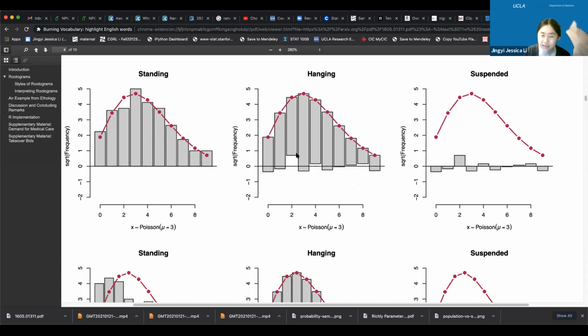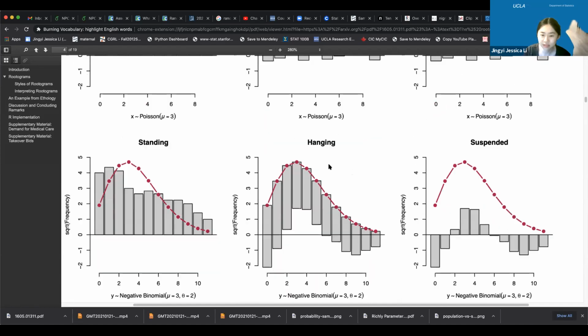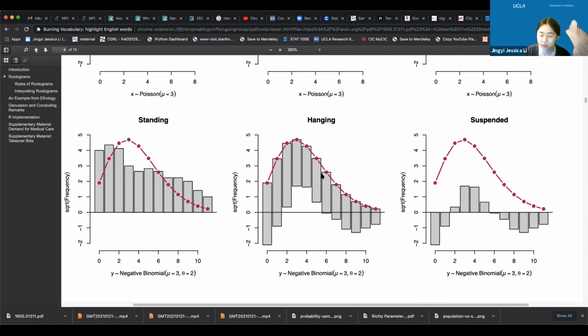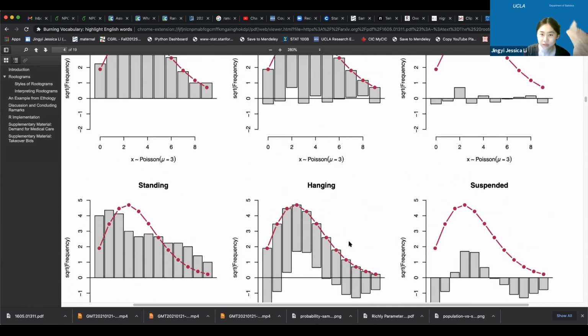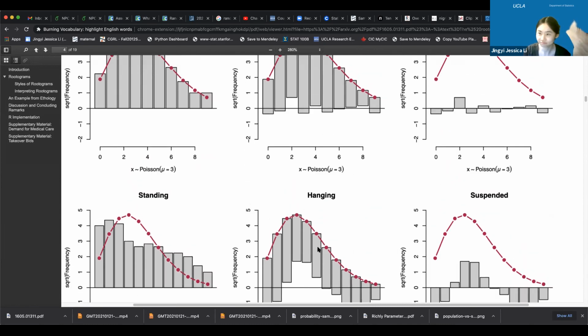So this is for real data from Poisson, and you fit Poisson. Still, there is some discrepancy, right? But if the real data is generated from negative binomial, but you fit it with Poisson, then the discrepancy is much larger. You have a lot of bars that go really below or are really far away from the horizontal line. So comparing those two, you can see the visual difference.